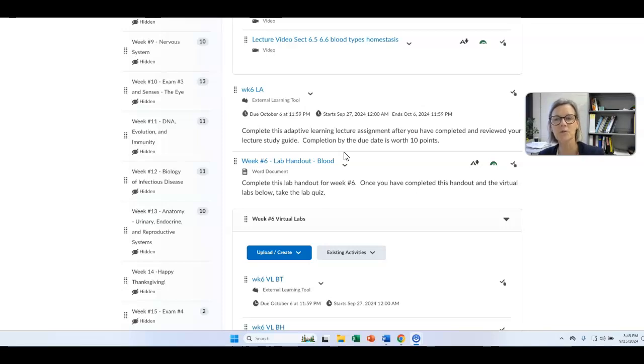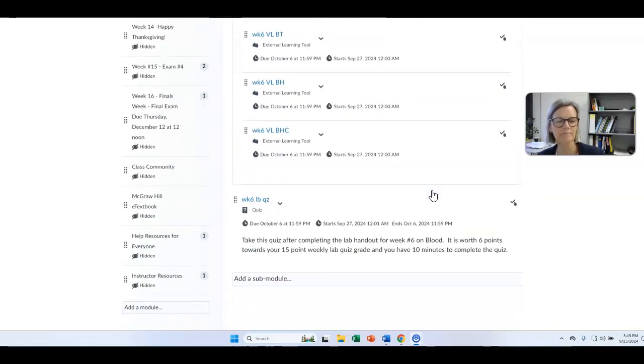The other one is, I'm going to ask you on the quiz, if you can figure out the blood type, who can you donate that blood to, and who can you receive the blood from. Again, those are concepts that once you get it, it sticks, but some people just have a hard time getting there. So if you're having trouble with that, let me know and I'll be glad to help. We can have a virtual meeting or talk on the phone or by email or whatever works for you.